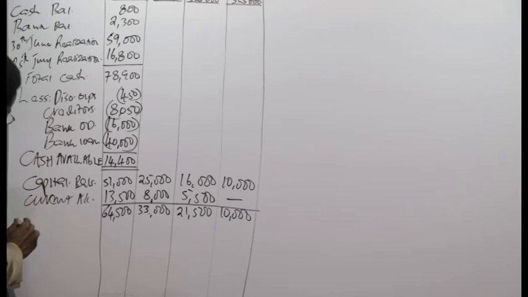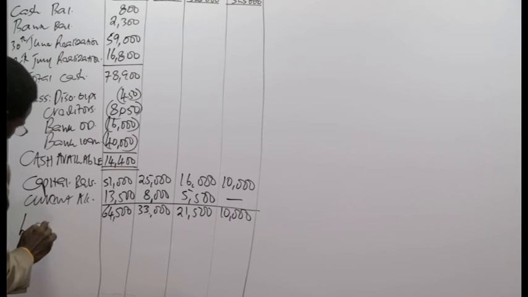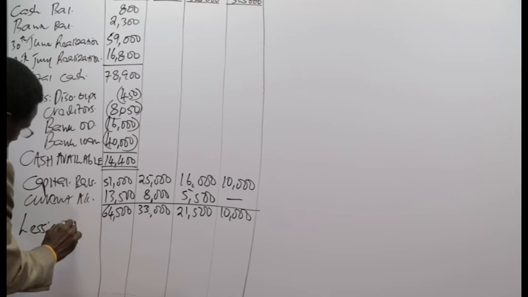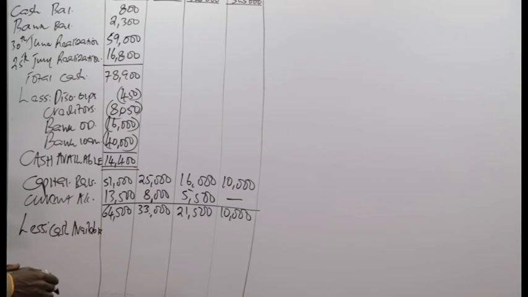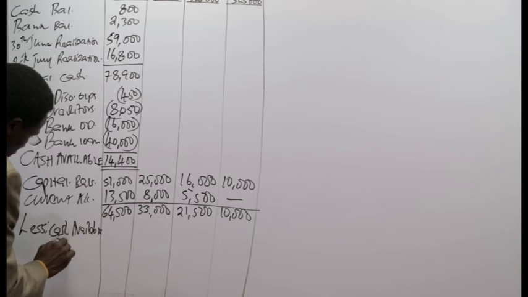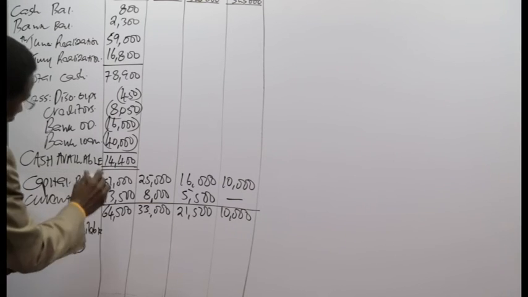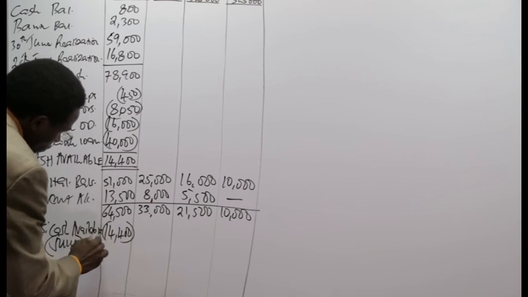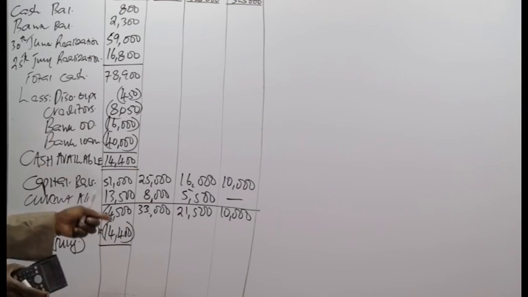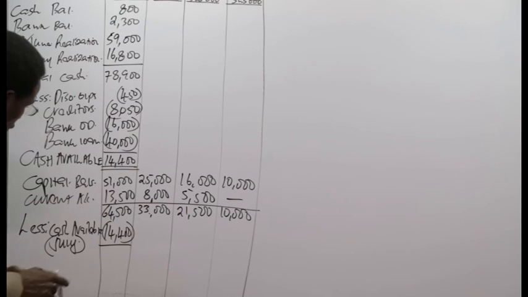So I bring in less cash available. Remember, this was cash available in July. So the cash available in July is 14,400.